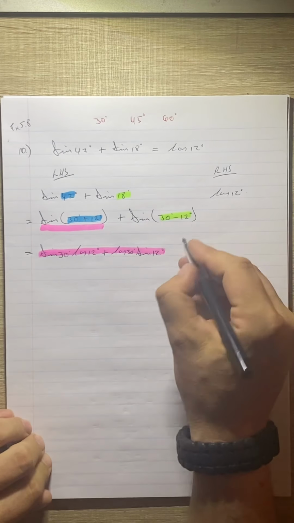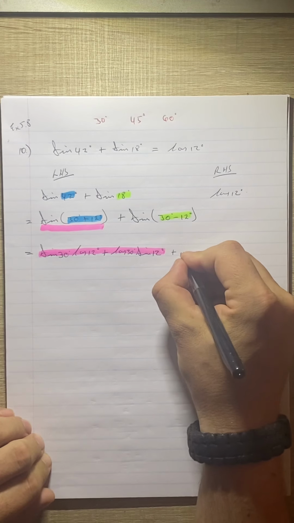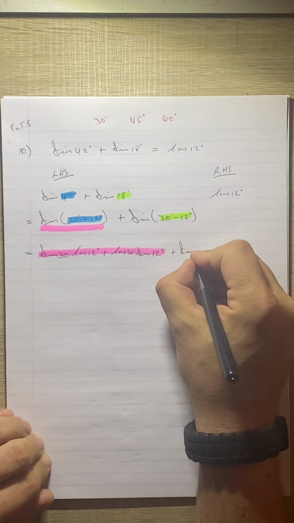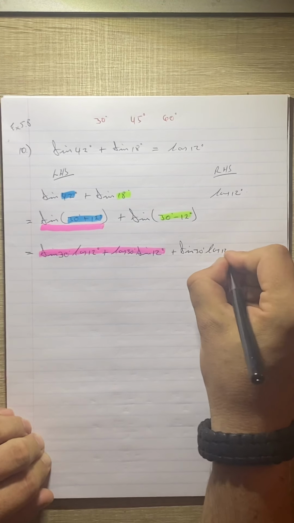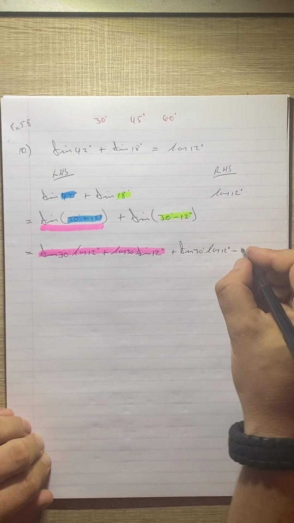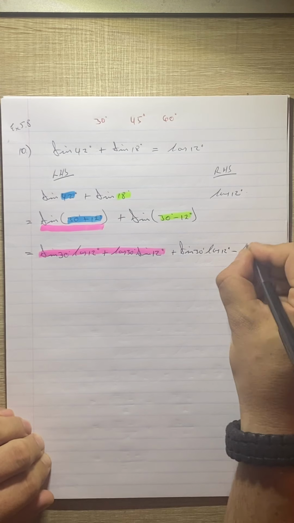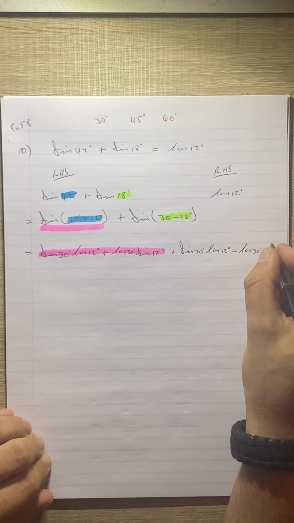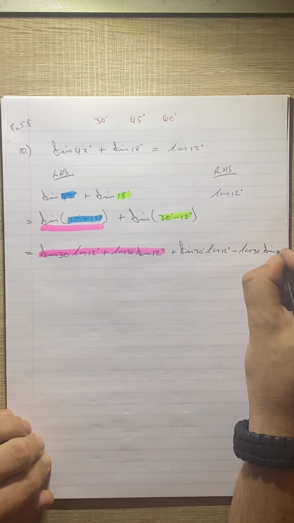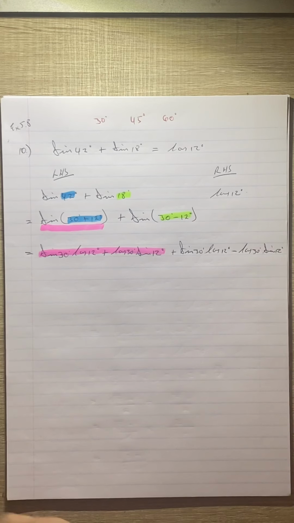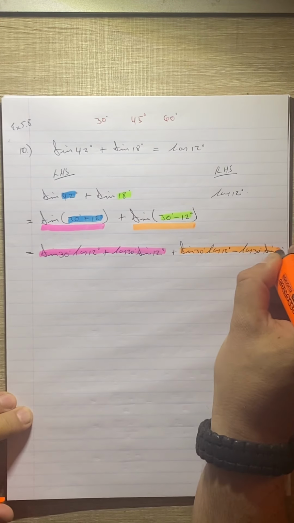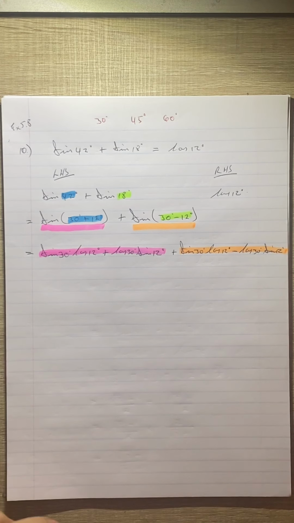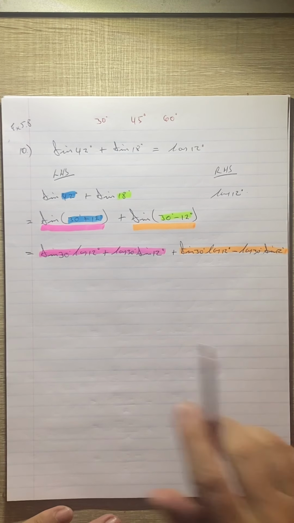Then this one over here, plus sine 30 cos 12 minus cos 30 sine 12. And this expansion became that one there.